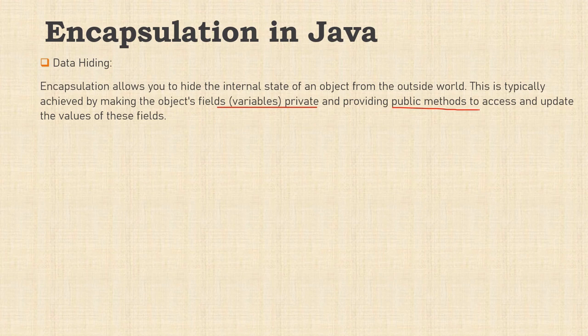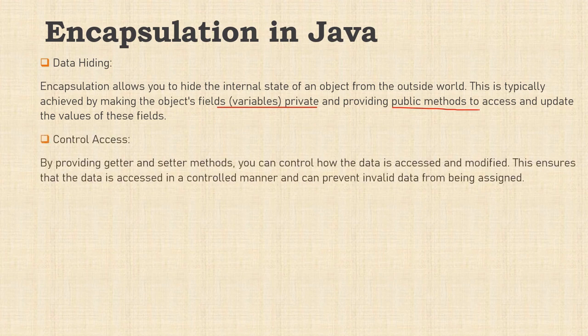If you make a variable private and want to use it, you can fetch the value only with the getter method. So we make the getter and setter methods public for achieving encapsulation, and all the variables private, and control access by providing getter and setter methods.